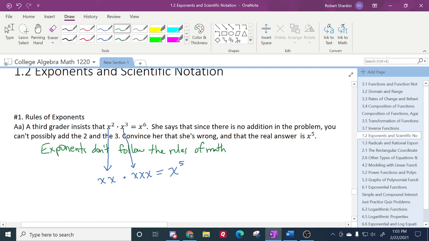Exponents don't follow the usual rules of math because there's no addition in this, yet we wind up adding the exponents. It's kind of because exponents are a shortcut for repeated multiplication.